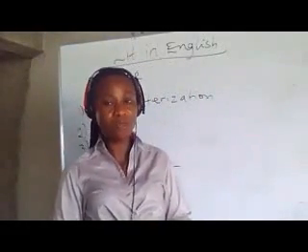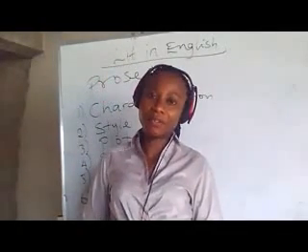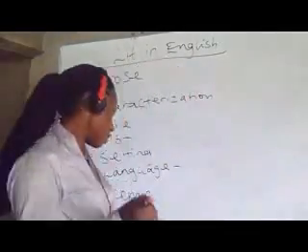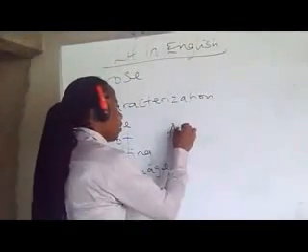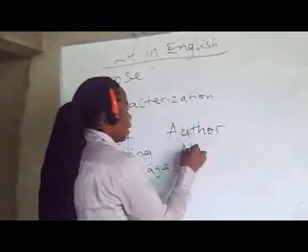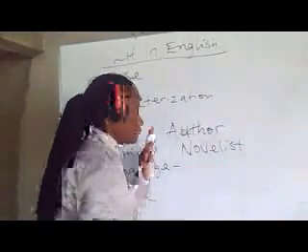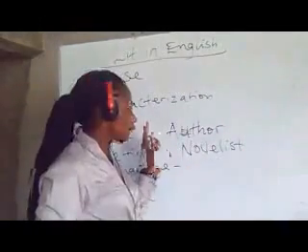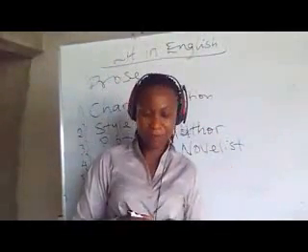Yes, can someone remind me? Okay, it's called an author or a novelist. An author or a novelist. The writer of a prose is called an author or a novelist.